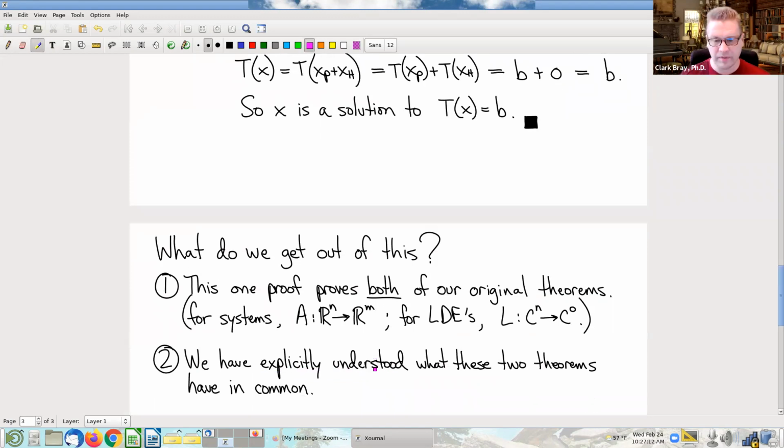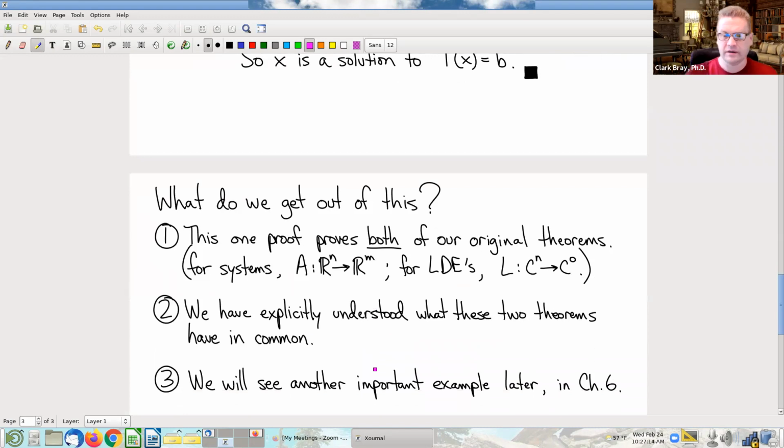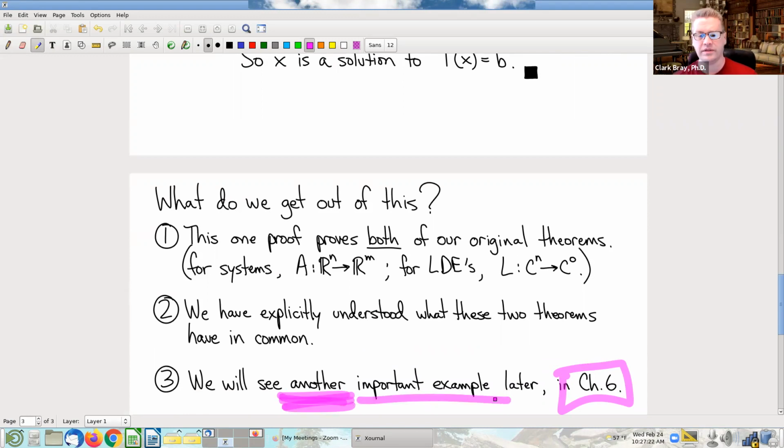Okay. By the way, more than that, in chapter 6, we're going to see another important example. So another special case. Don't think of this just as a unification of two previous facts and we're done. No, there's another big one coming in chapter 6 that is also just a special case of this theorem. And when we get there, we won't have to prove it.